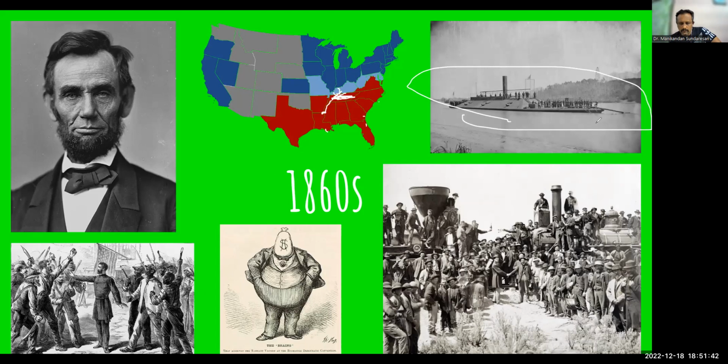Both sides used them for the first time in this war, and it was one of the earliest wars where they were used, and it led to a revolution in naval combat, and ultimately it proved decisive for the Union as they were able to produce more of these, and they were able to control rivers like the Mississippi and port cities.